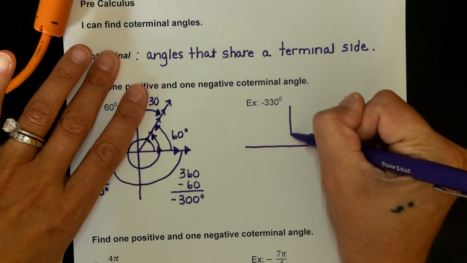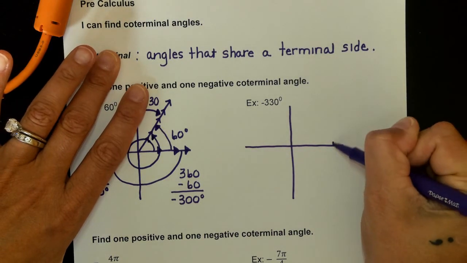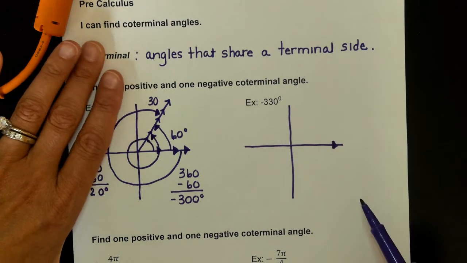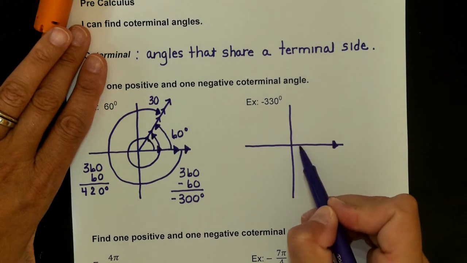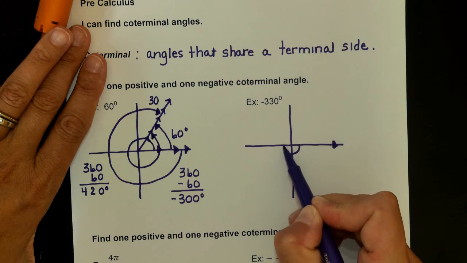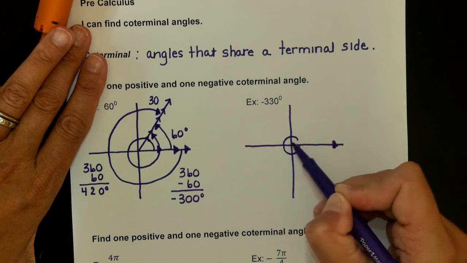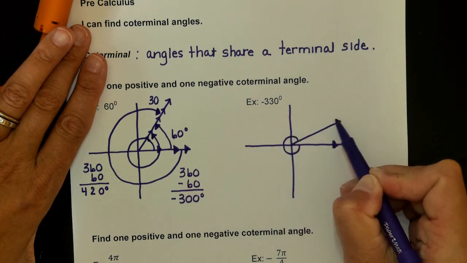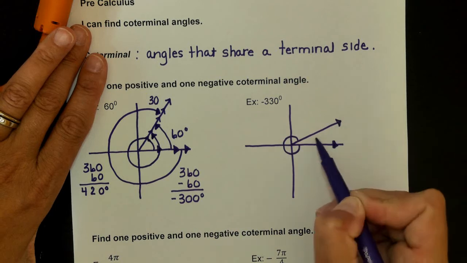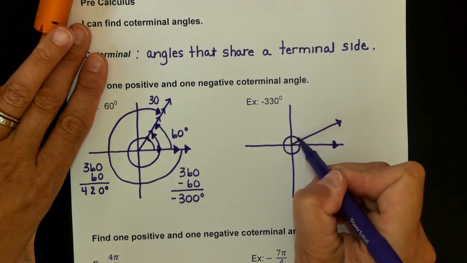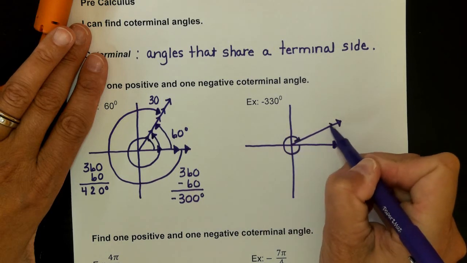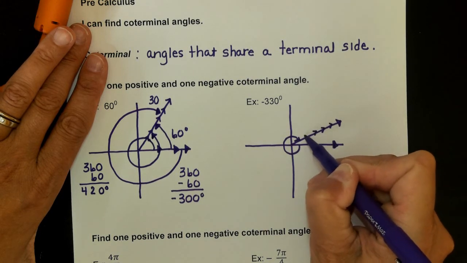Start with your original angle, negative 330 degrees. If I'm doing a negative, I go all the way around till about here. And the reason I know that is a full circle, again, is 360 degrees. Now this is going to be my terminal side.